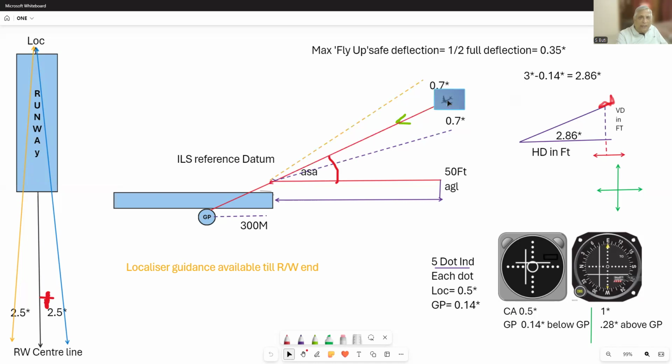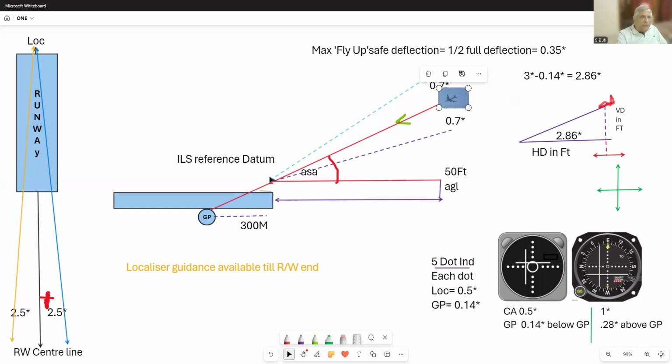If the aircraft remains on this center line, both your needles will remain centered if you remain on this approach slope, and you will be placed for a good landing. The ILS will bring you over the threshold at 50 feet above the threshold. For numericals, we'll take a value of 50 feet. At some places, it may be slightly higher. Right?